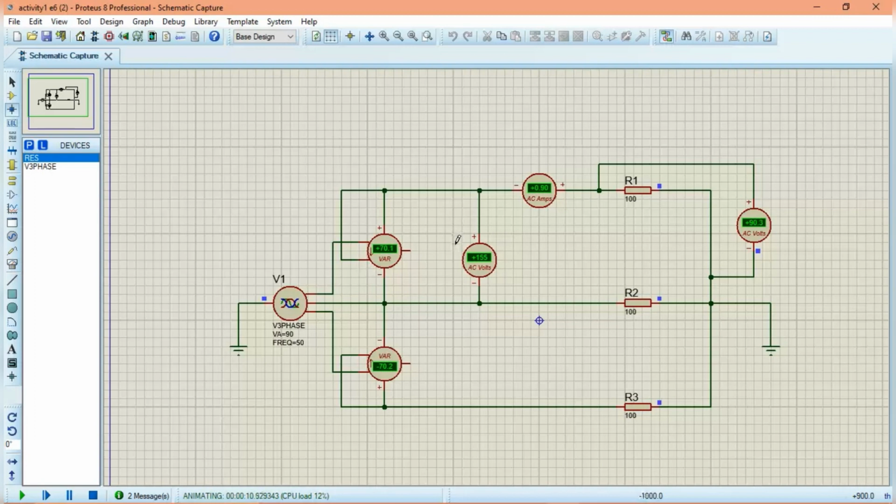And this is for VRY, we get 155 volt. For the IRN, we get 0.89 or 0.9 ampere. And for the VRN, we get 90 volt. This is 0.19 ampere, sorry.